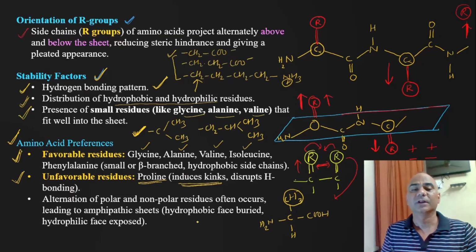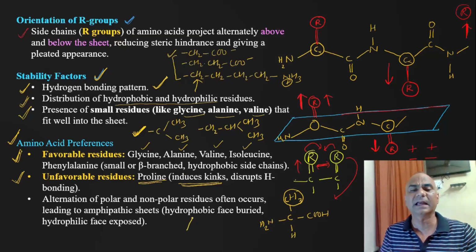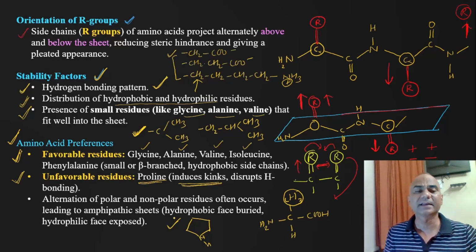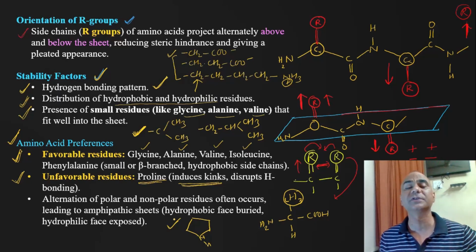Because proline has a pentagonal ring structure in which the amide nitrogen is part of this pentagonal structure, which makes a kink. Or we can say proline is a bend-producing amino acid because the nitrogen of the amide is part of the pentagonal ring.